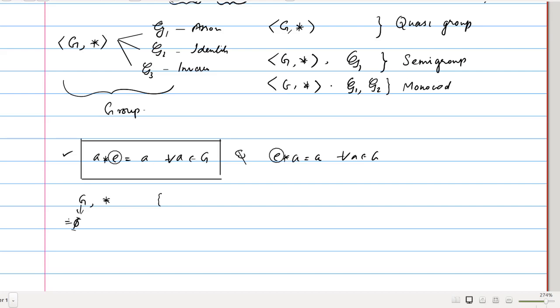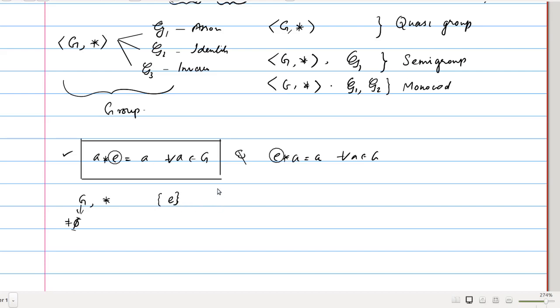It can never be empty, so it should contain at least one element. Then one can expect that element to be the identity element, because G should contain exactly one identity element. That identity element is in G.